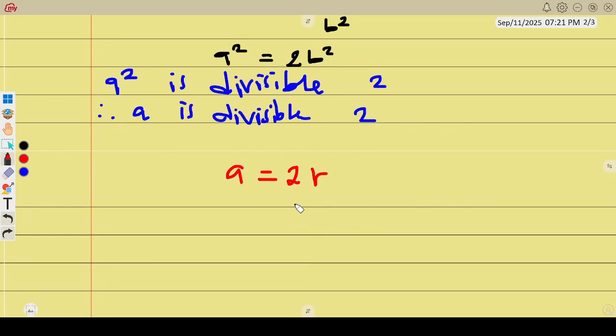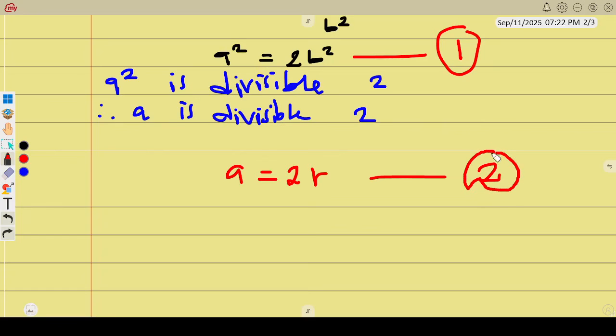Remember this is equation 1 where you have the square, and the next step is where you have the R. So at this point you substitute equation 2 into equation 1.